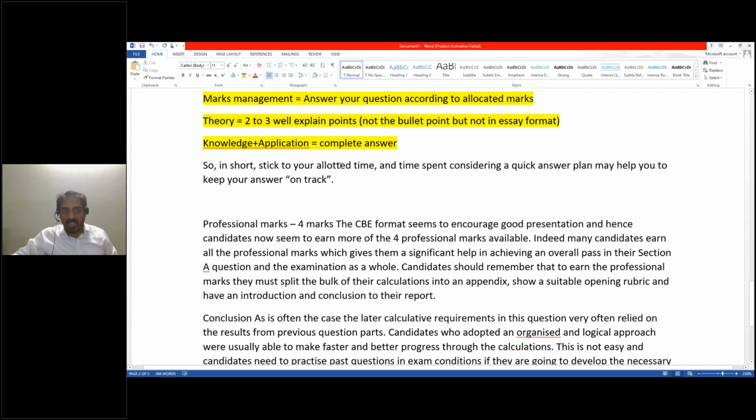So in short, stick to your allocated time, and time spent considering a quick answer plan may help you to keep your answer on track. Without planning, don't attack.